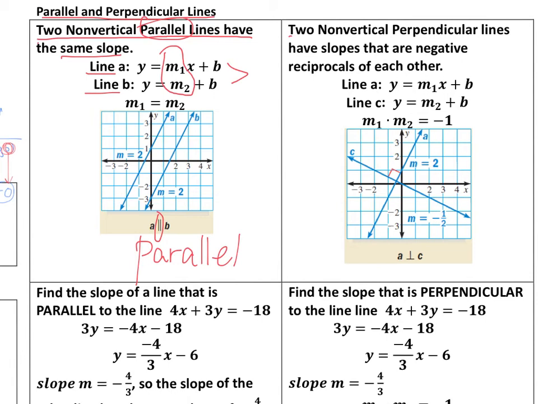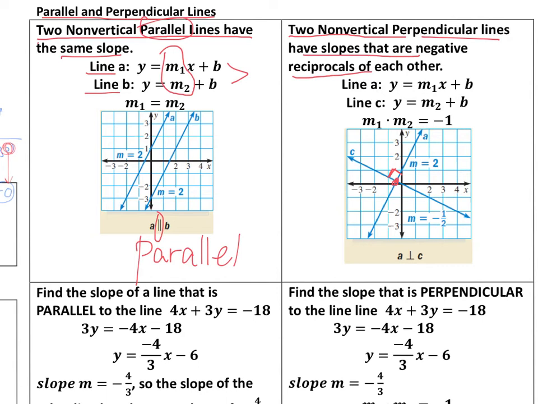But when you have two non-vertical perpendicular lines, and their slopes are negative reciprocals of each other, then they will cross each other. They will not only intersect each other at one point, but they will also form a perpendicular angle at the point of intersection.